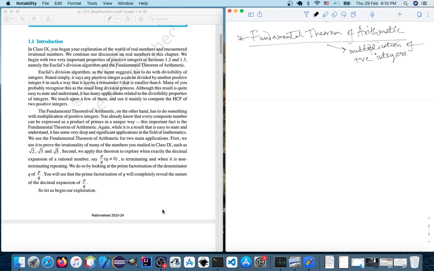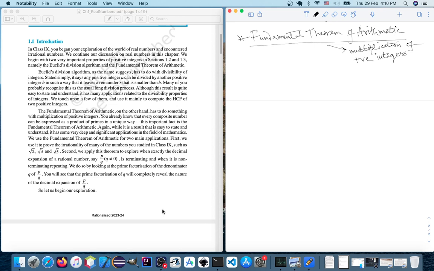It says we look at the prime factorization of the denominator q of the rational number p by q. You will see that the prime factorization of q will completely reveal the nature of the decimal expansion of p by q. Since q is an integer, it can be expressed as a product of prime numbers.